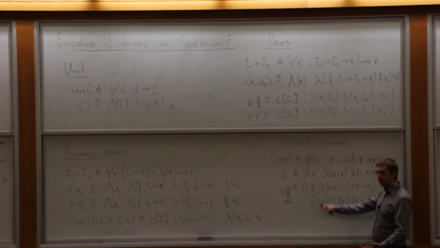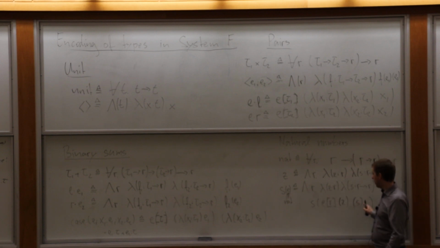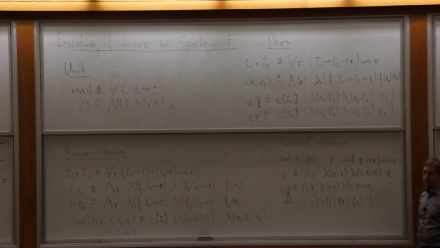This computes the result for the predecessor, and then you apply the iterator one more time to get the next thing. So that's how the natural numbers work.